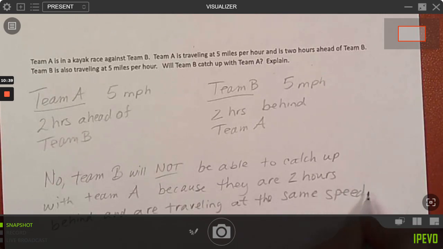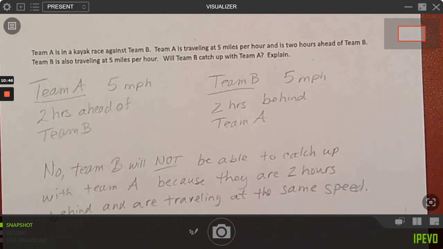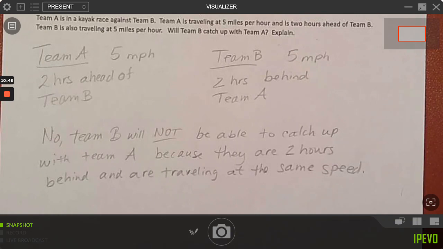If you were to graph that, those two lines would be parallel to one another because they have the same rate of speed, which is the slope. So there is no way that Team B will be able to catch up with Team A. All right, and that is solving systems of equations with special situations.